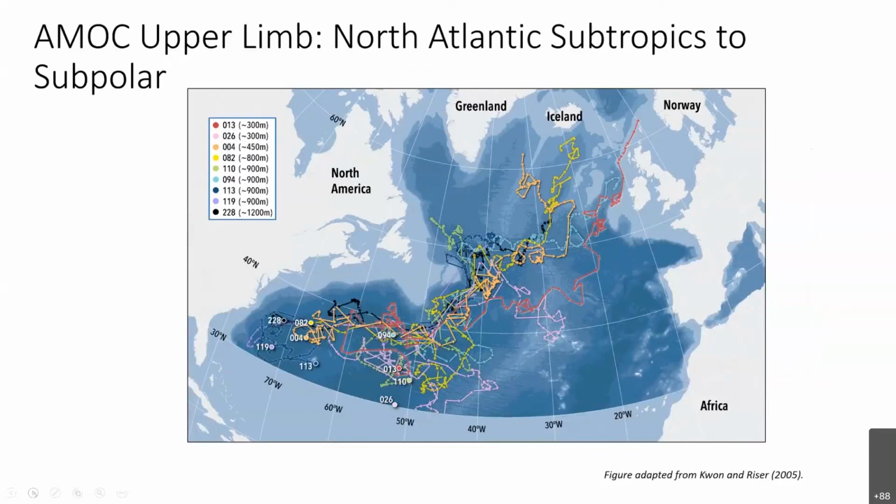Back maybe a decade or so ago, scientists were looking at surface drifters deployed in the subtropical North Atlantic, primarily in the Gulf Stream, which is thought to be the primary conduit for warm water going northward in the AMOC up to the subpolar latitudes. Gulf Stream to the North Atlantic Current or the North Atlantic Drift, and then into the subpolar region.